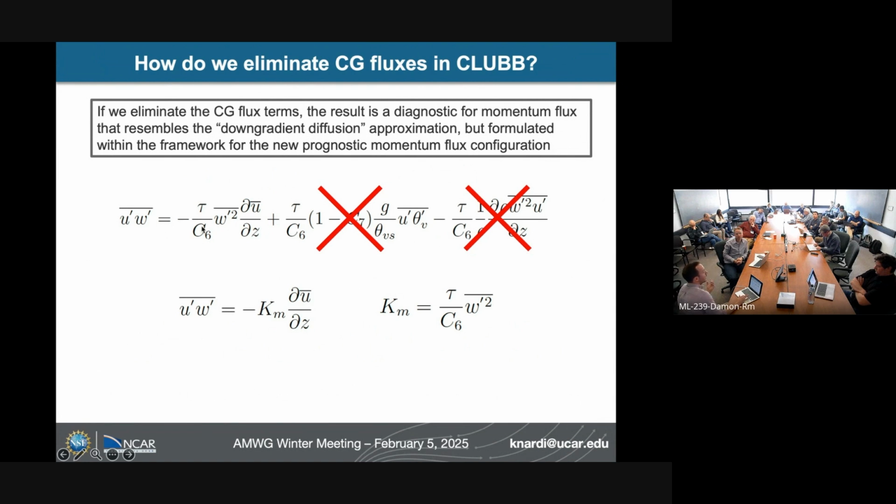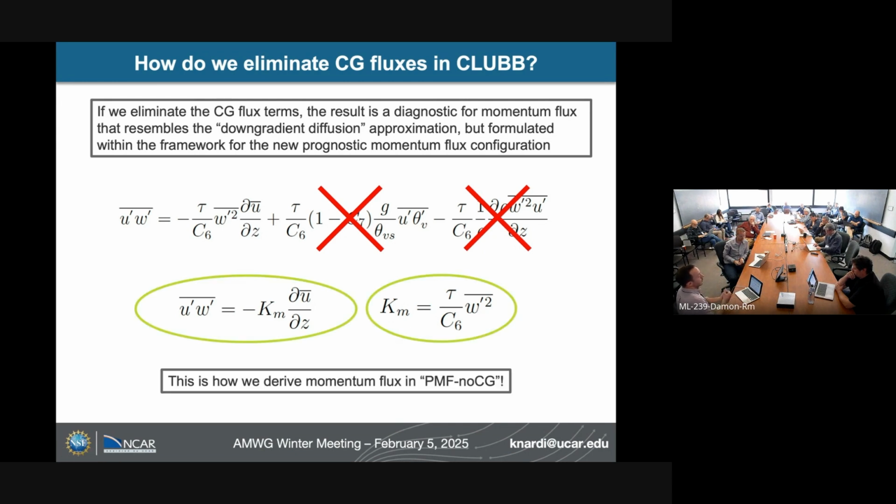We essentially get a diagnostic for momentum flux that looks like the old diagnostic momentum flux formulation, but we're calculating this diffusivity coefficient in a different way. We're using the eddy turnover timescale, C6, and also the vertical wind variance. So this is a way that we can essentially remove countergradient fluxes, but remain within the prognostic momentum flux framework.